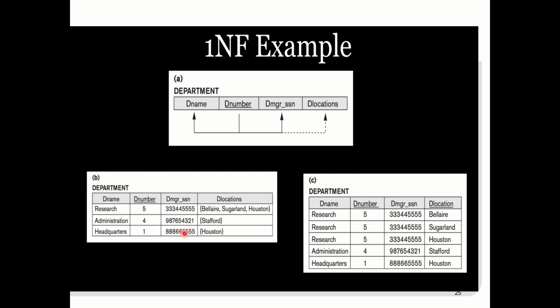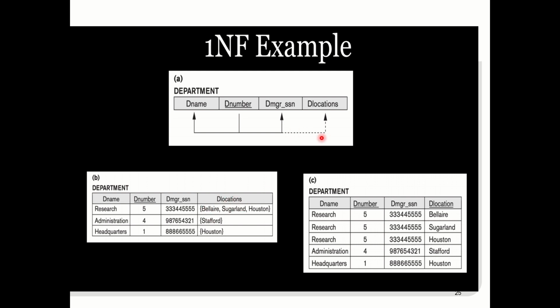But just imagine this is the schema, and this is the data which is given to you. In your data, say you are given D name, D number, and everything. You know that in a relational model, if a particular attribute is underlined, then that is a primary key. Now say there is one particular attribute with multiple values.